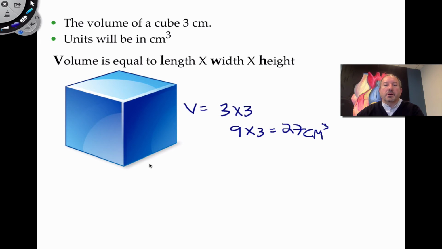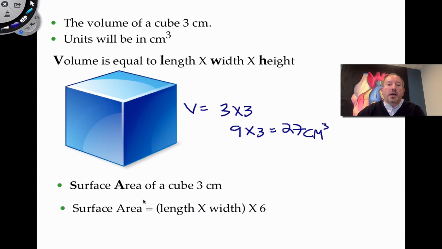And then surface area, again, is length times width. So length times width is going to be 3 times 3, which is 9, and then times 6 sides, and that's going to be 54.